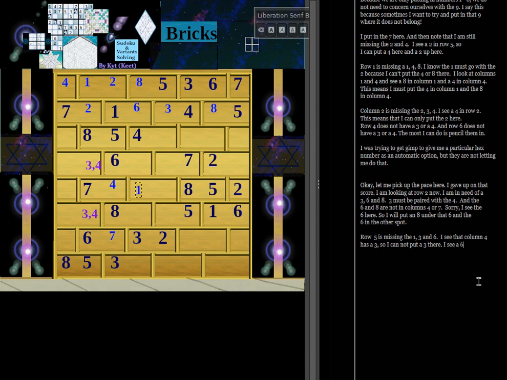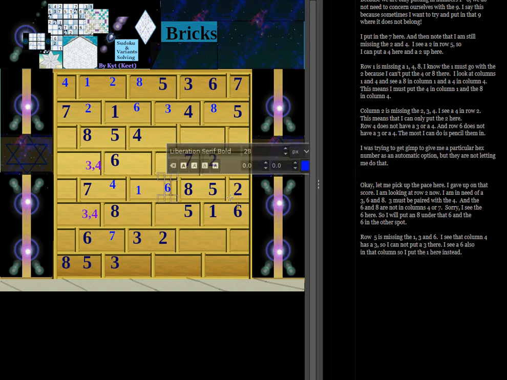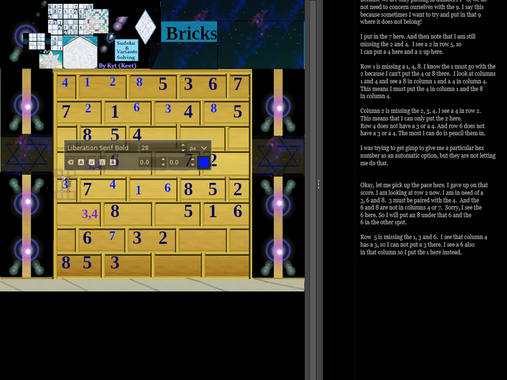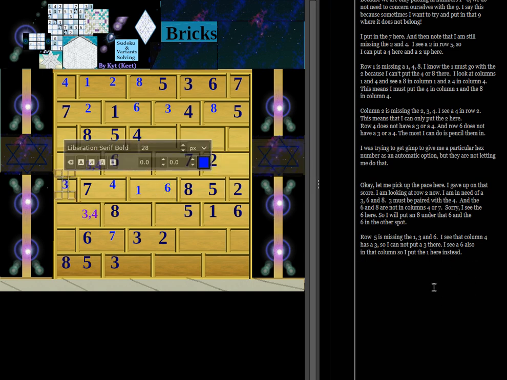I see a 6 also in that column, so I put the 1 here instead. I see the 3 in the column, so put a 6 here and the 3 over there.